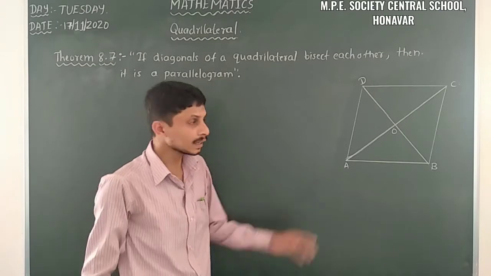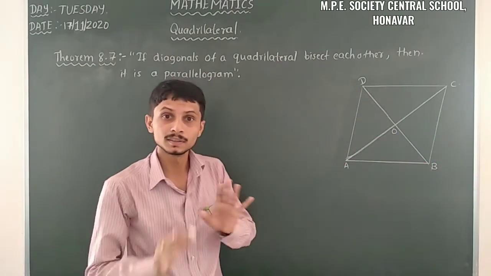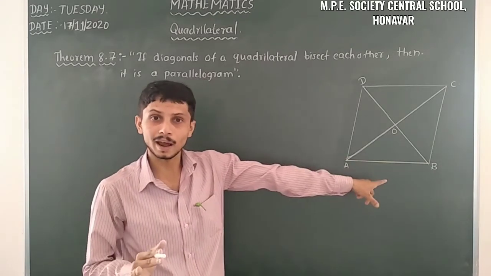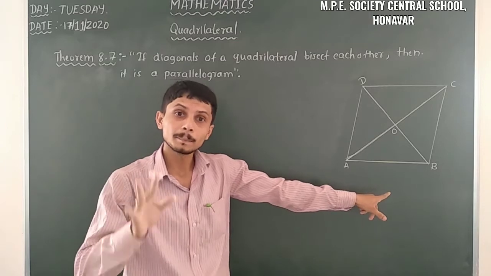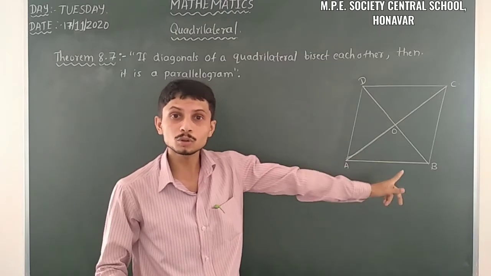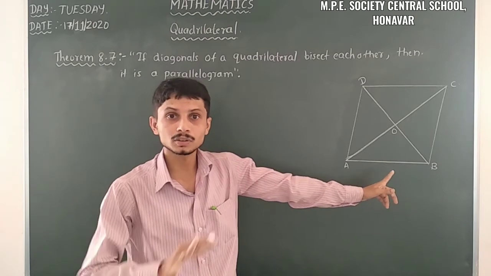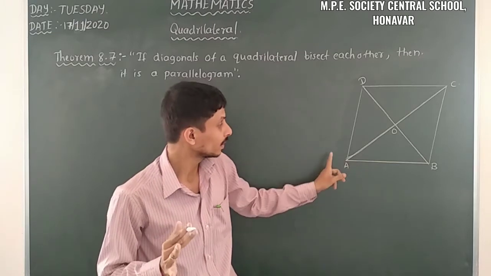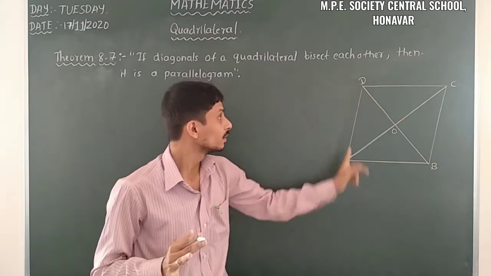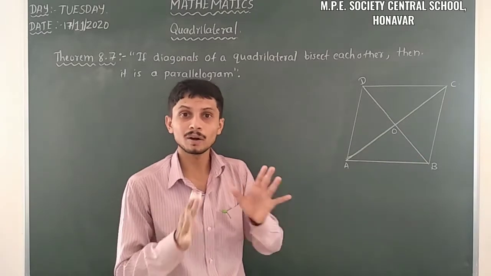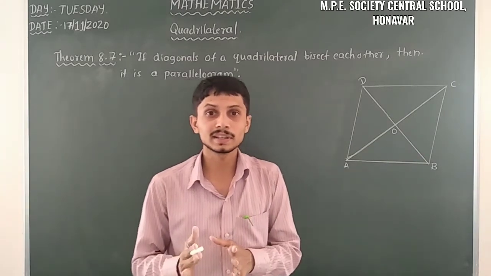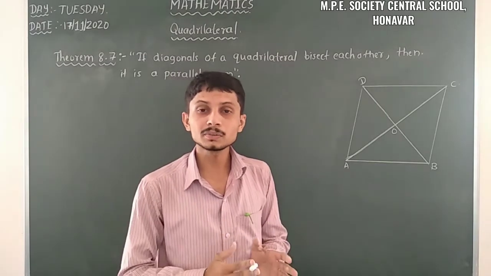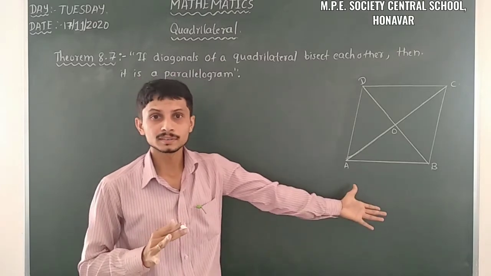Here we can't take ABCD as a parallelogram, because it is a quadrilateral. We have to consider ABCD as a quadrilateral, but it is given that the two diagonals bisect each other. Then we have to prove ABCD is a parallelogram by showing AB is parallel to CD and AD is parallel to BC. After that we come to the conclusion that ABCD is a parallelogram. So by known things we have to prove the required thing.